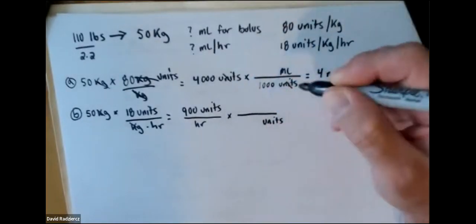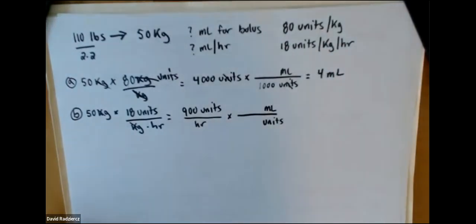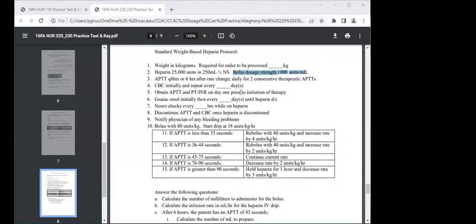I know I need to get rid of units, and I know I want milliliters, but I don't know what those numbers are. I need to find out, what do I have? What's my available? Going back to the protocol, you will see that you have heparin, 25,000 units in 250 milliliters, half normal saline.